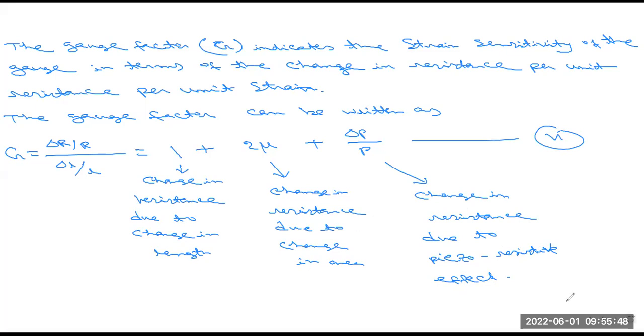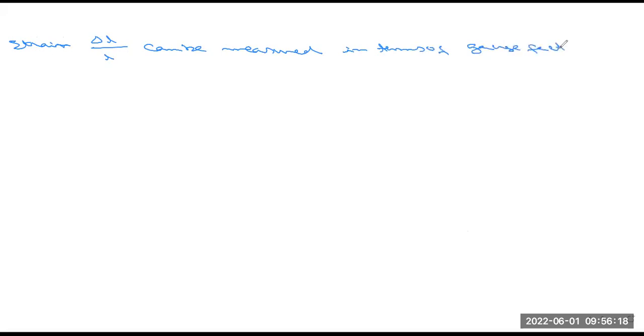Yes, sir. So that means the strain, in the previous equation, the change delta L by L, can be measured in terms of gauge factor G and delta R by R. Strain, we have to express, that is delta L by L, equal to epsilon.